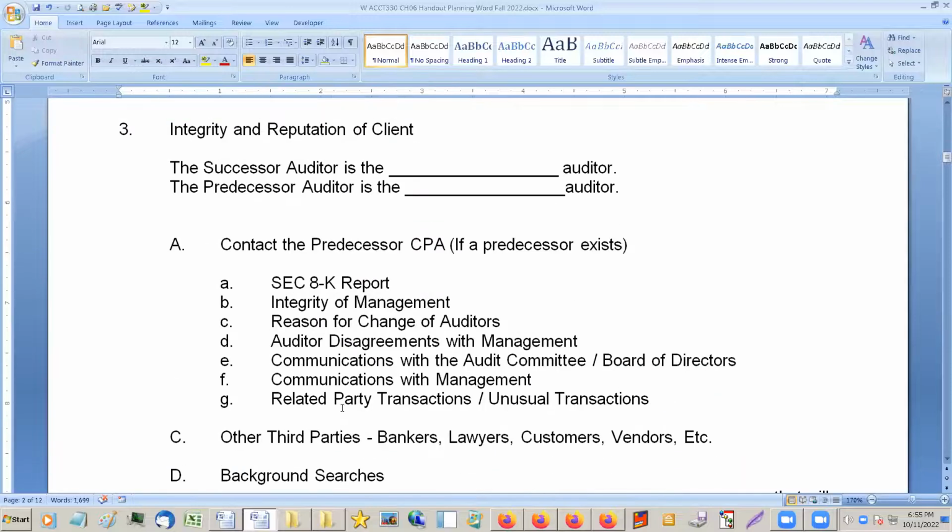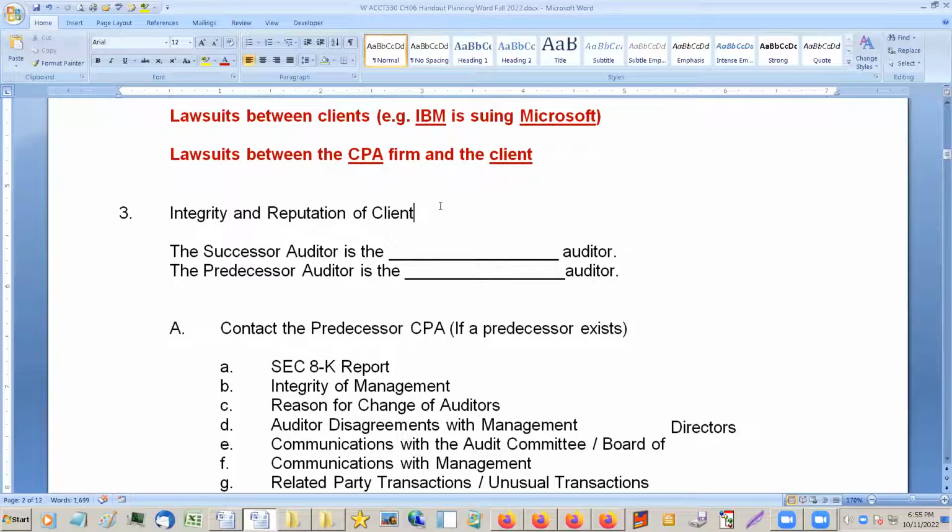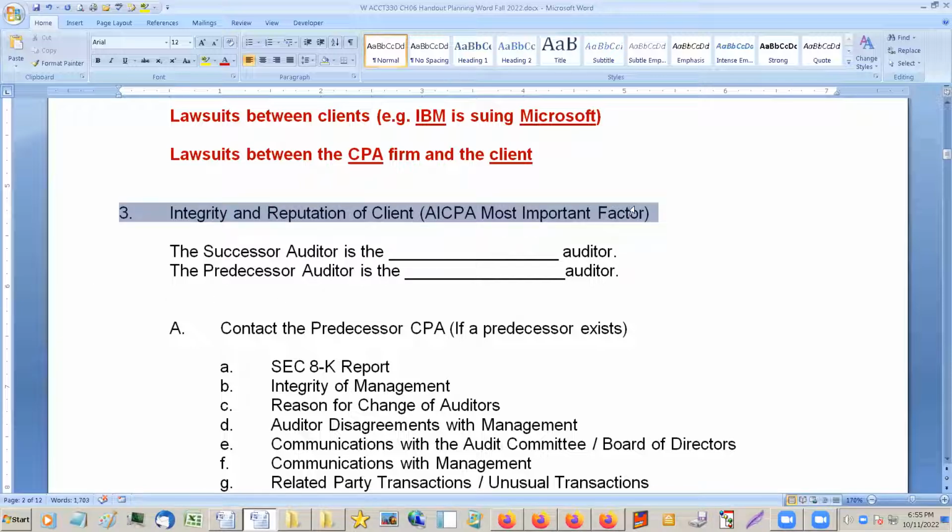Okay. Integrity and reputation of the client. The AICPA goes bananas over this. They would call this the most important factor. And again, why?